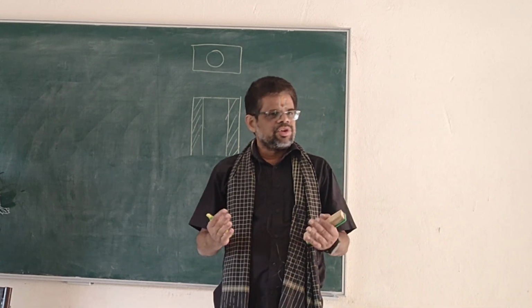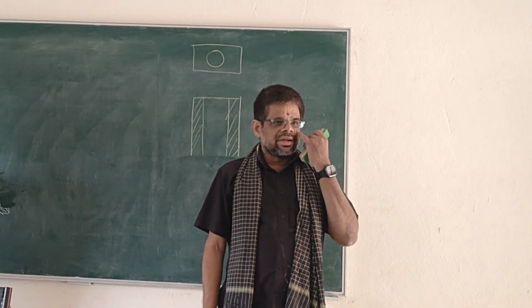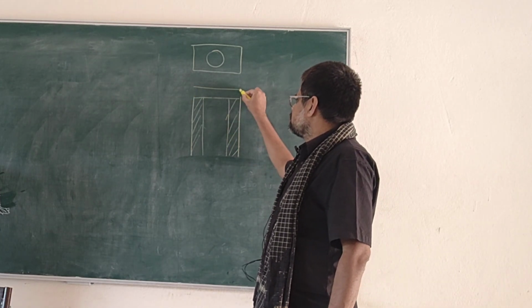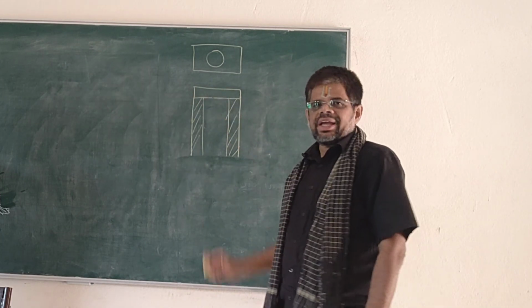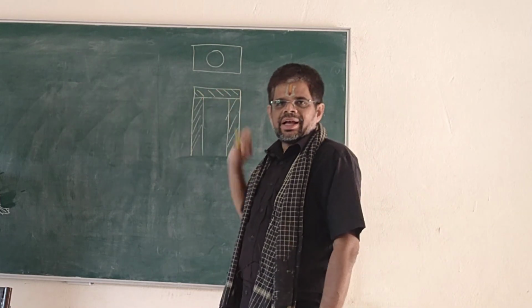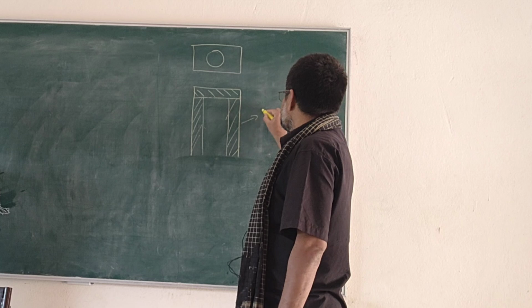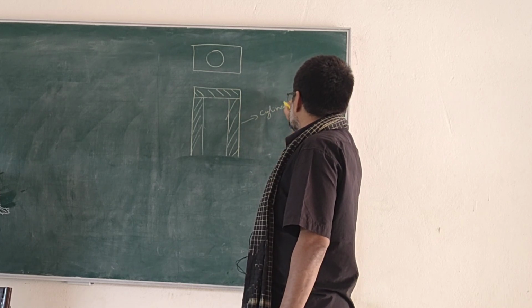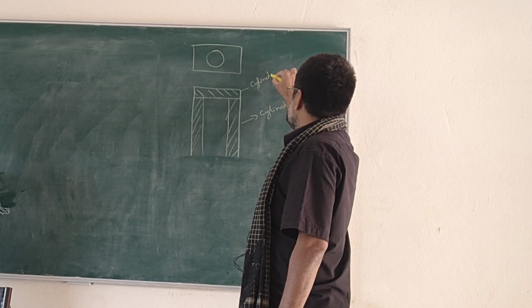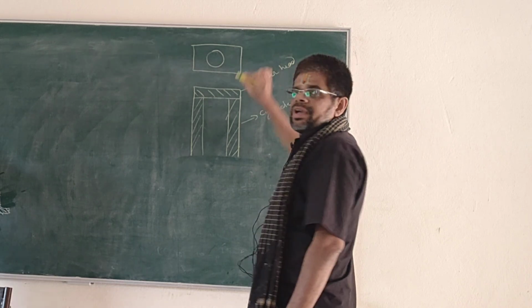That means the hole is open to air. So that's why you will place a cap on it, which is called the cylinder head. So this is the cylinder, and this is the cylinder head.